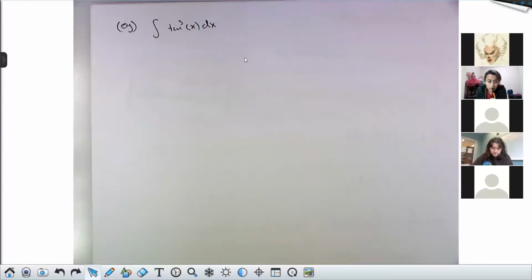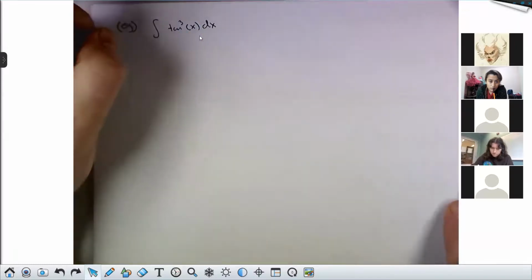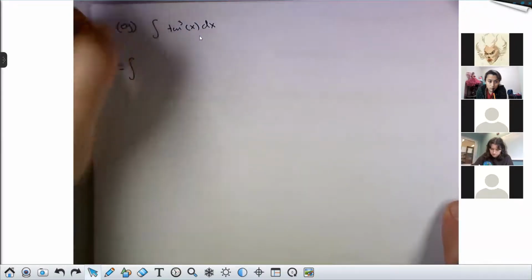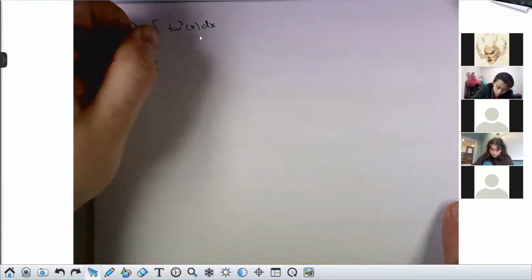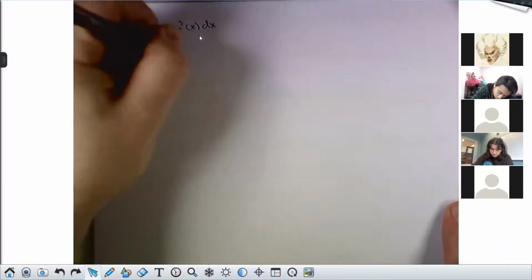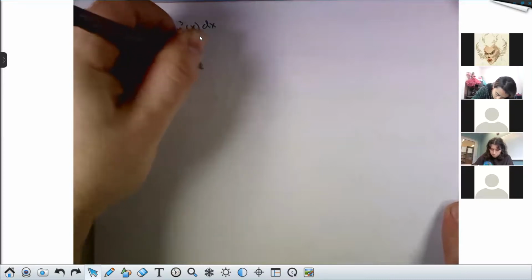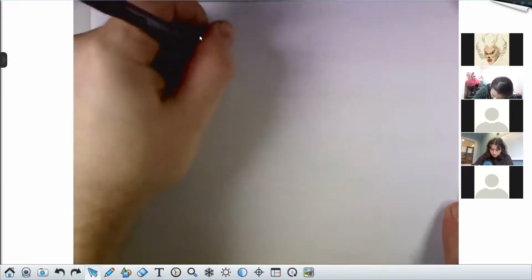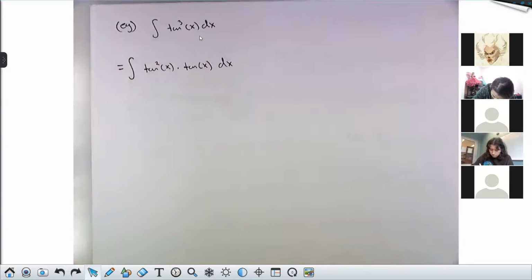The correct answer came in the form of a DM from Fabrice saying, well, what if I think of tan cubed as tan squared times tangent? That's the sort of thing we've been doing. And maybe that will help.